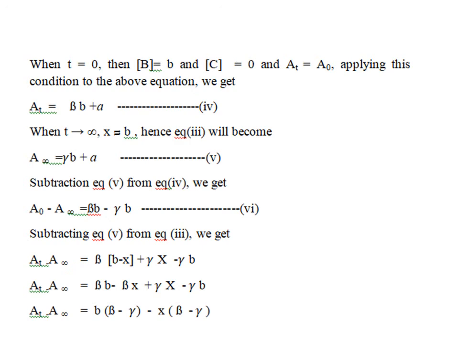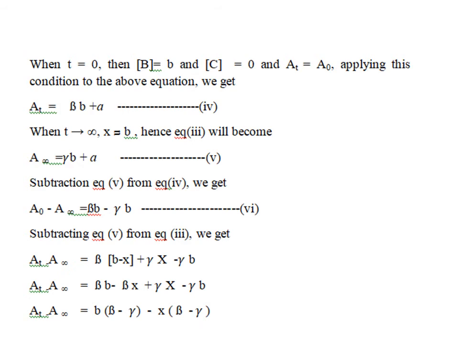Now dear students, when t tends to infinity, then x is equal to b, hence equation 3 will become absorbance at infinity equal to gamma b plus alpha. This is equation number 5.